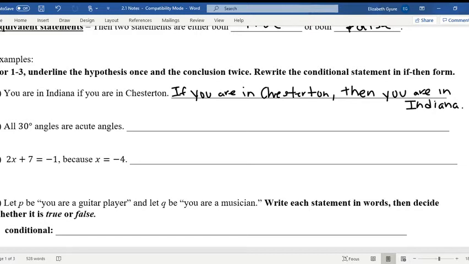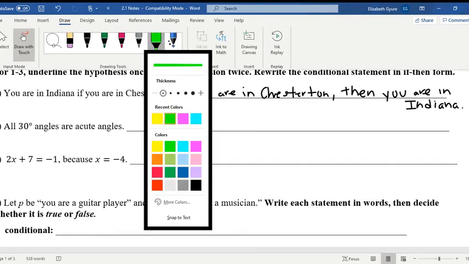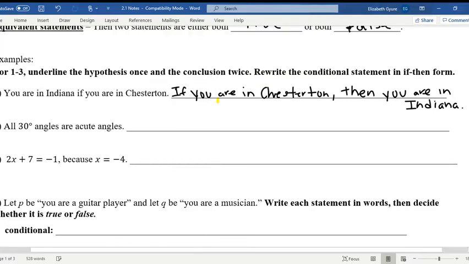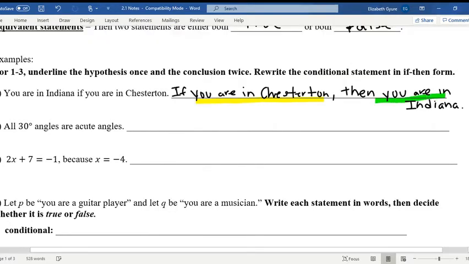So when you're now identifying your hypothesis and conclusion, your hypothesis is always after if, and your conclusion is always after then. So when I'm identifying my hypothesis here, that's the part after if. So my hypothesis is you are in Chesterton. My conclusion is the part after then, which is you are in Indiana. Underline it twice.